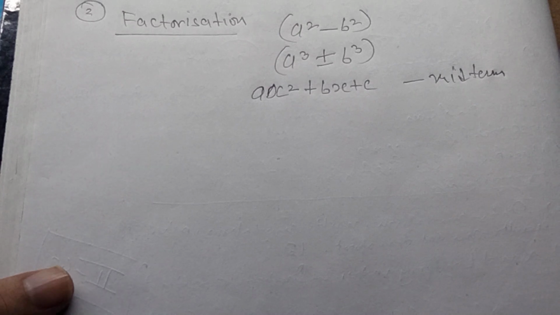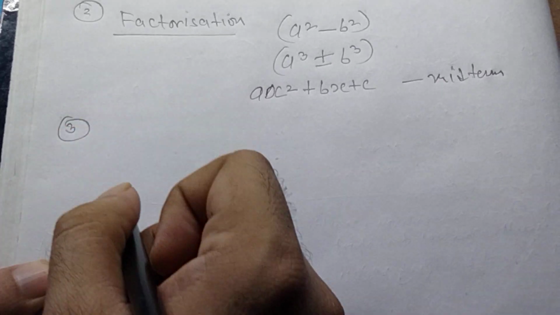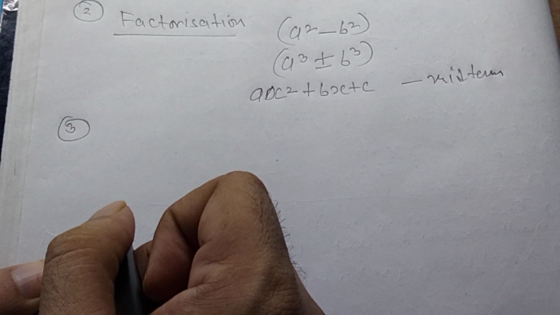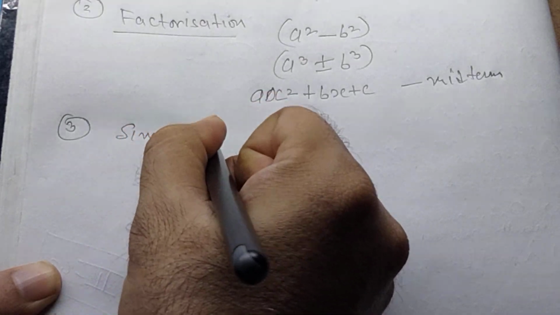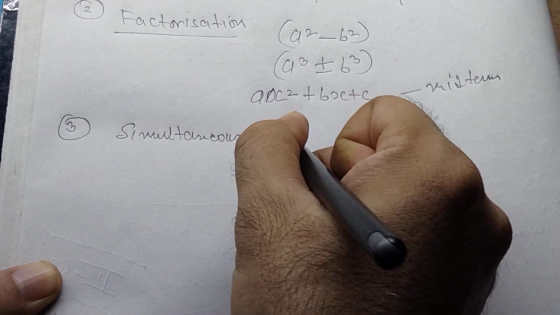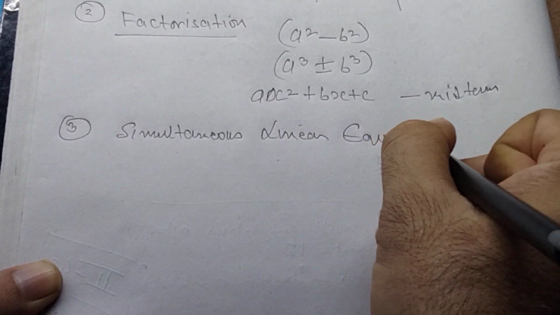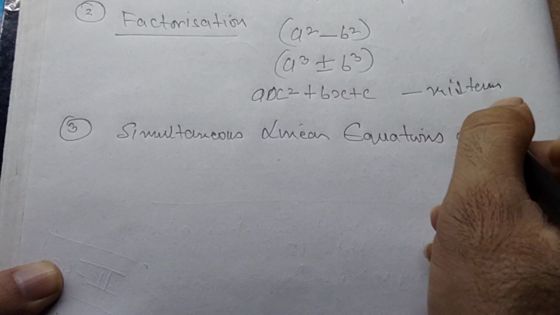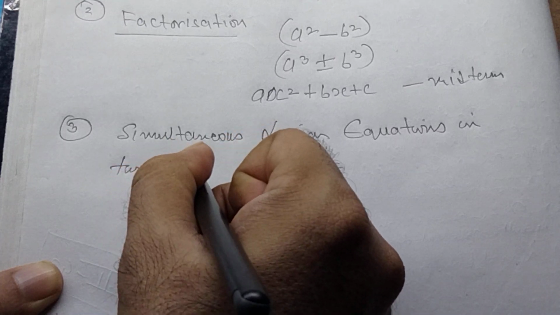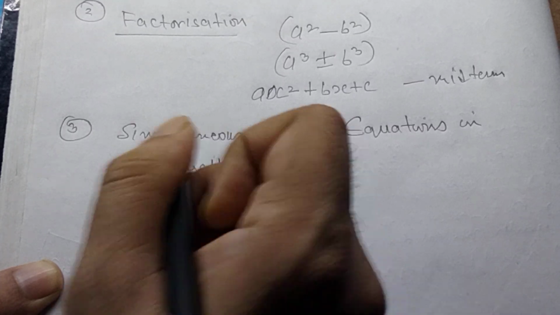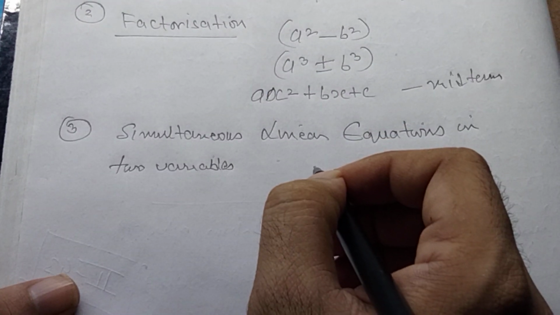We move on to the third part which you are supposed to know, that is simultaneous linear equations in 2 variables. Okay, and the syllabus says this will be only numerical coefficients.